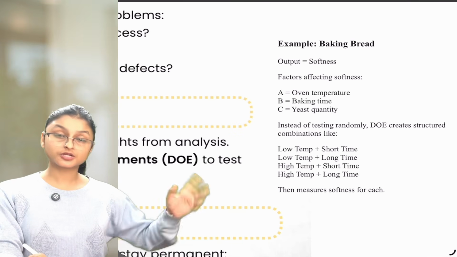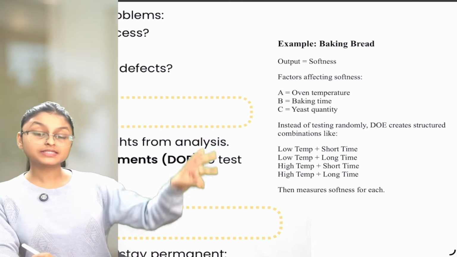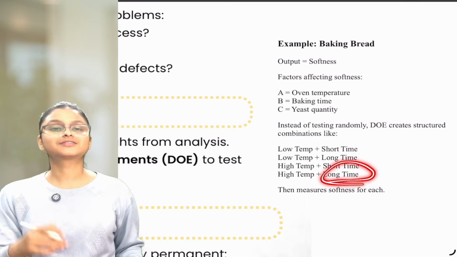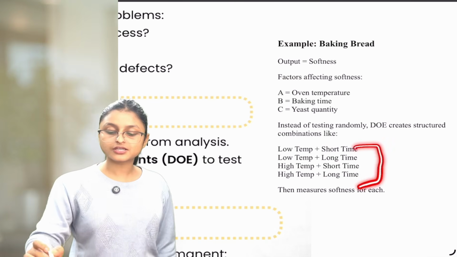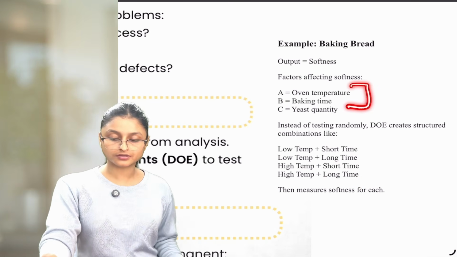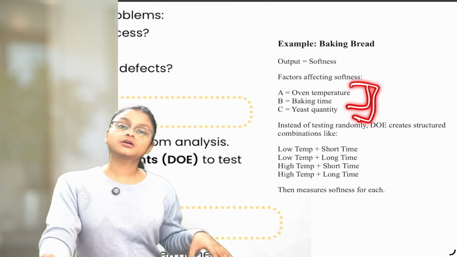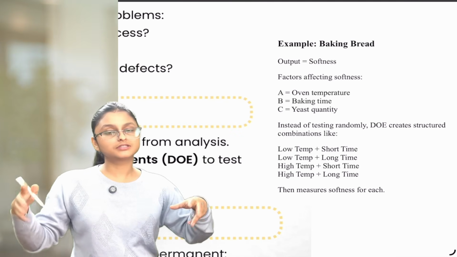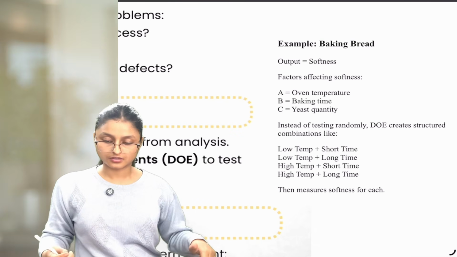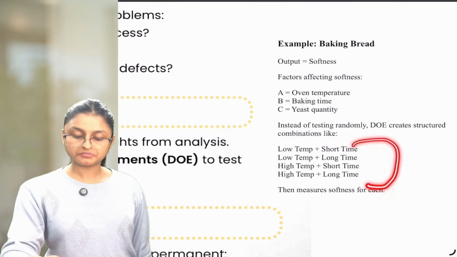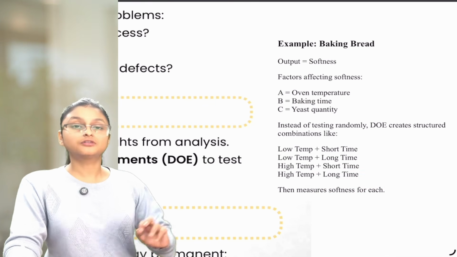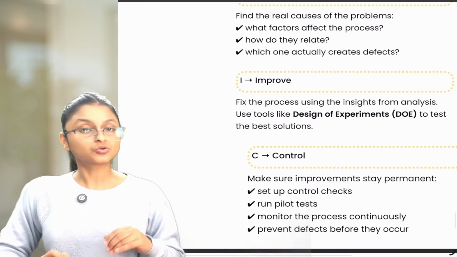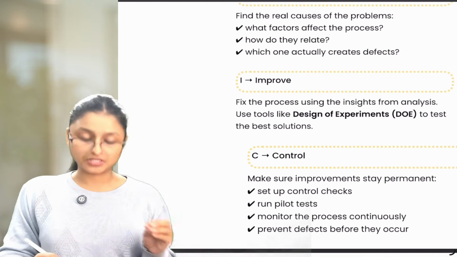Oven is at low temperature, baking is taking long time. Oven is at high temperature, baking is taking short time. Oven is at high temperature, baking is taking long time. So it's just two of the factors that have been taken together. You can take all three, or if you have more than that, you can take all of them together and see what happens if they change together. You can measure the softness for each to understand which one is best for the organization. This is how design of experiments works, and through this we test and find out the best solution.